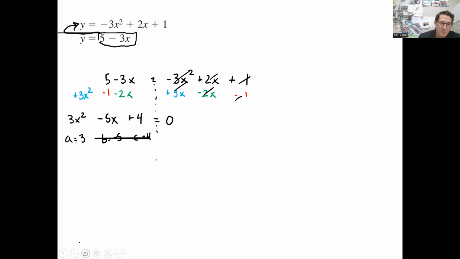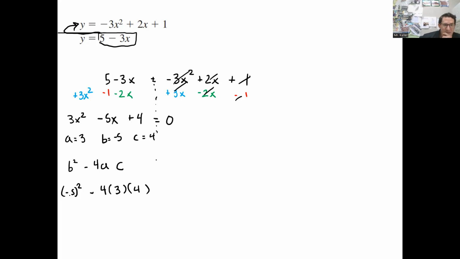I am going to do the discriminant first. So the discriminant is B squared minus 4AC. So I'm going to replace the B, minus 4 times A times C. So B squared is -5 squared, A is 3, C is 4.